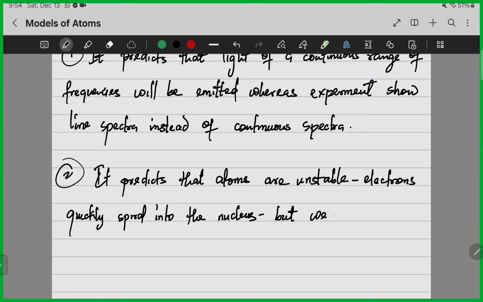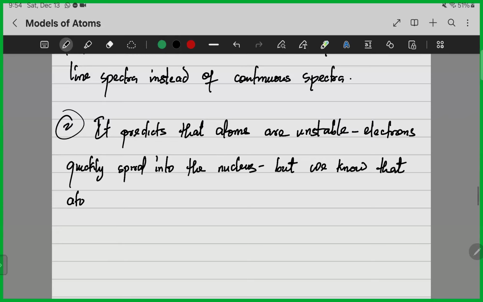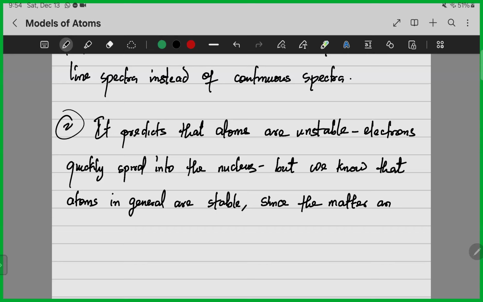But we know that atoms in general are stable, since the matter around us is stable.